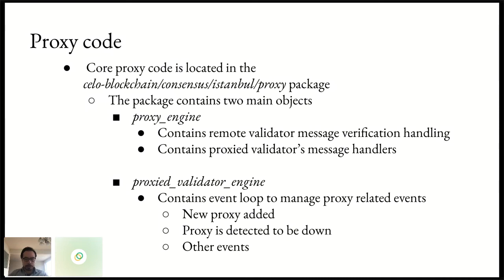So for example, let's say a new proxy is added, which a user can do via the RPC API, or a proxy has been detected to be down. Then this go routine would be notified of that event, and it will then redistribute which remote validators each proxy should connect to.